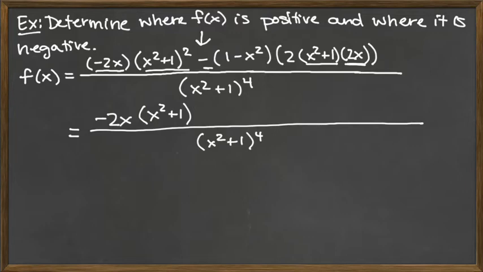Once I've pulled out my greatest common factor, we've got to figure out what's left over. I'm going to do a big bracket here so I can keep track of what my common factor is and what's the leftover part. I pulled out the negative 2x and one copy of the x squared plus 1. So I have one remaining copy of the x squared plus 1 that comes in front of the subtraction sign.